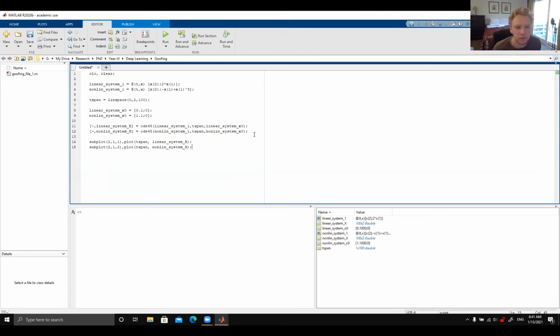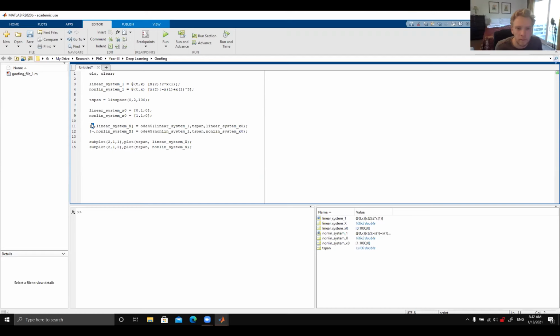Is the tilde part of the output vector, part of the syntax of the function? Yes, the tilde is the first of your output brackets. This is just because the output of the ode function will be the time vector and the corresponding states.